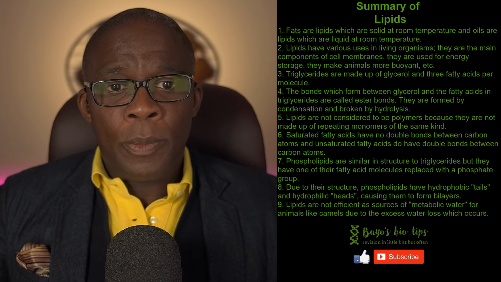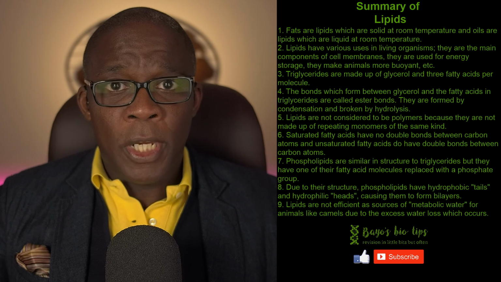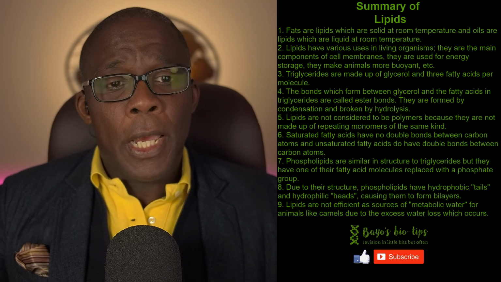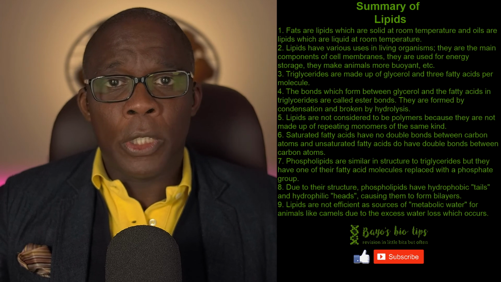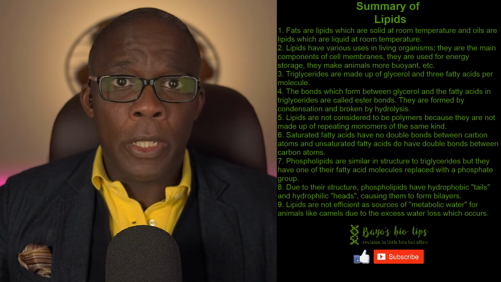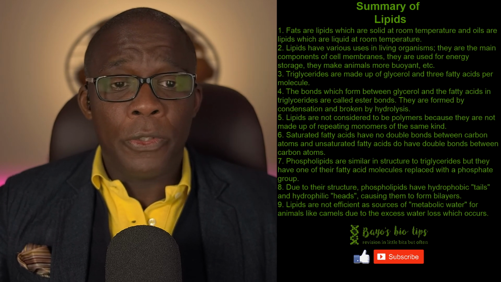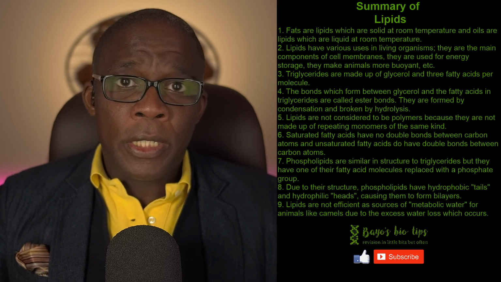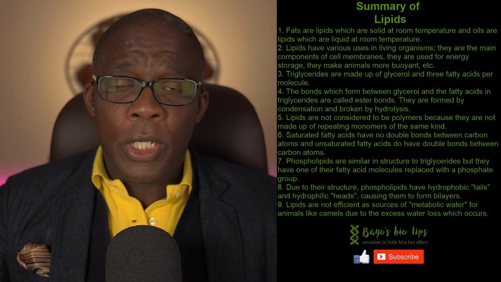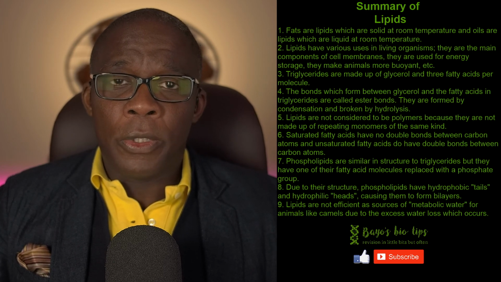We then talked about the structure of triglycerides as a main example of lipids, and triglycerides are made up of glycerol and 3 fatty acid molecules, and they're held together by ester bonds. So how is it that ester bonds are formed? By condensation reactions. And how are they broken down?